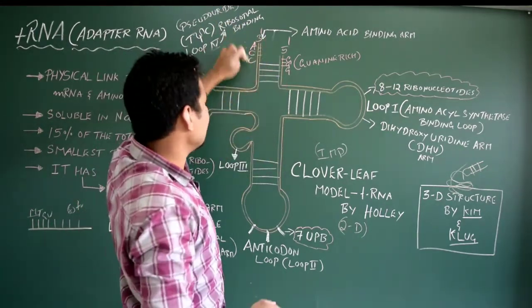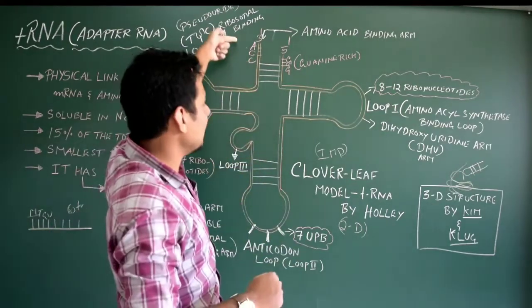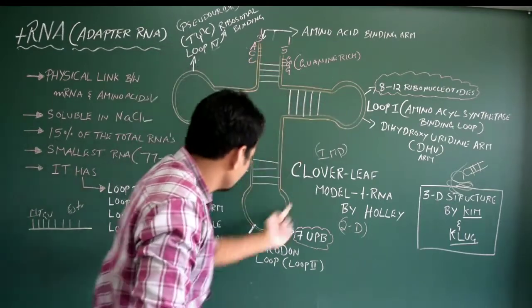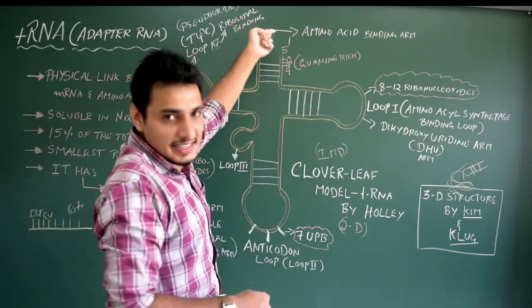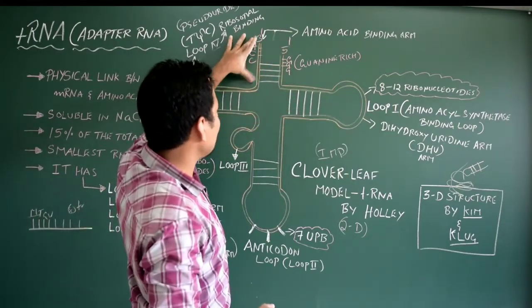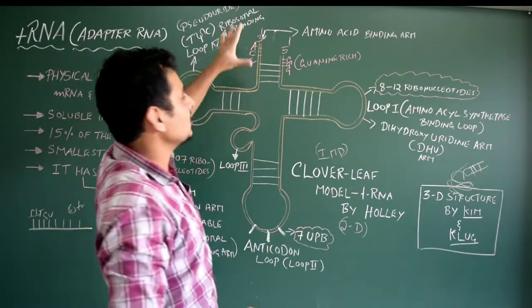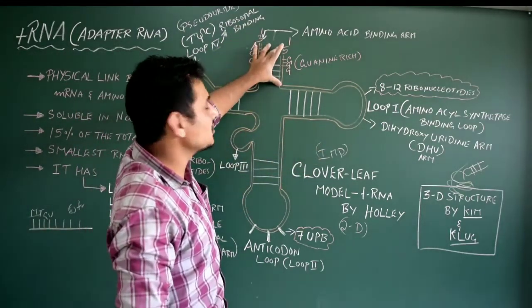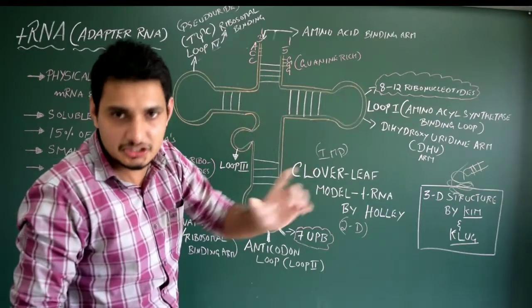Do not read it as ACC. Note this point: CCA. Why CCA? This is the start, and 3' is the end, so 5' is the start. Comparing the 3' end and 5' end, which is the longest end? The 3' end is the longest, whereas the 5' end, the start of the tRNA, is the shortest.